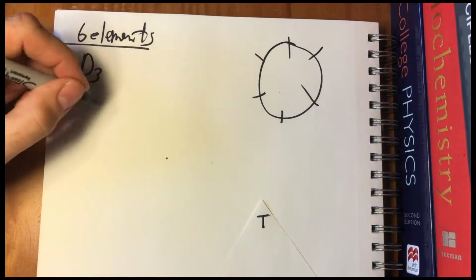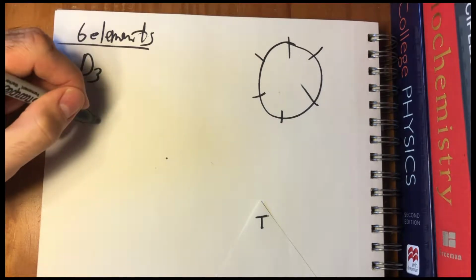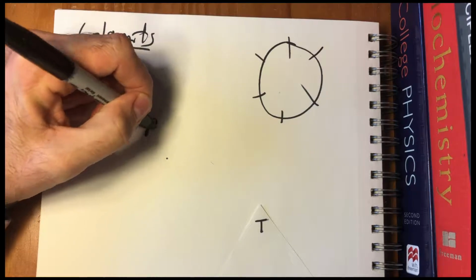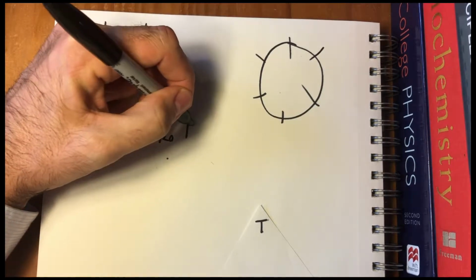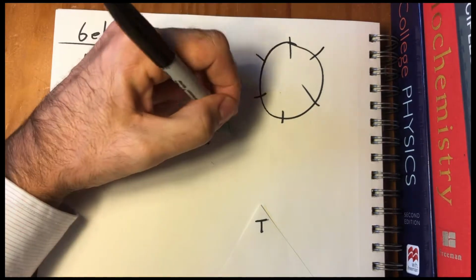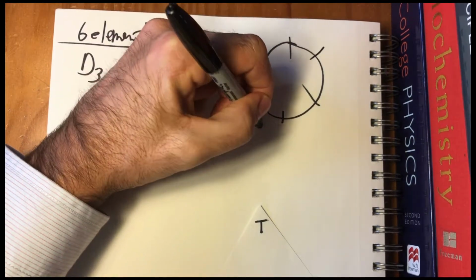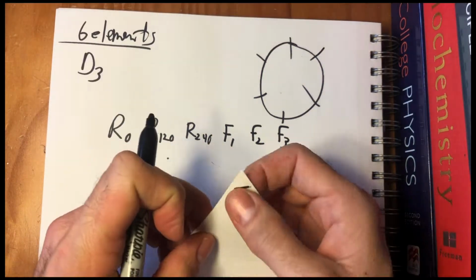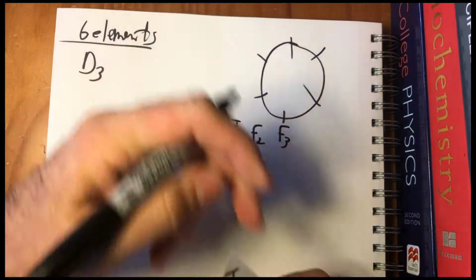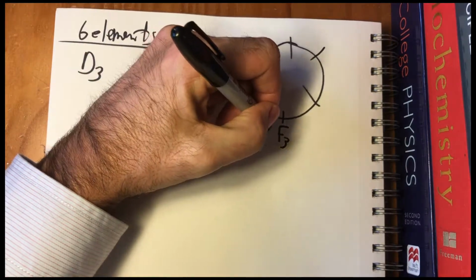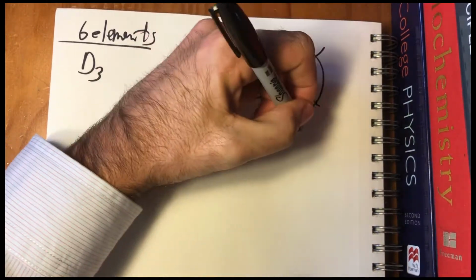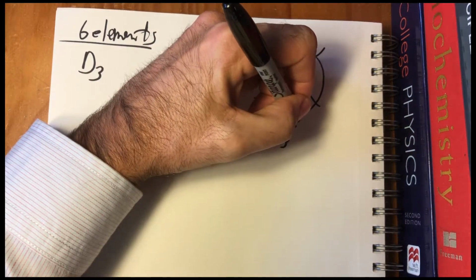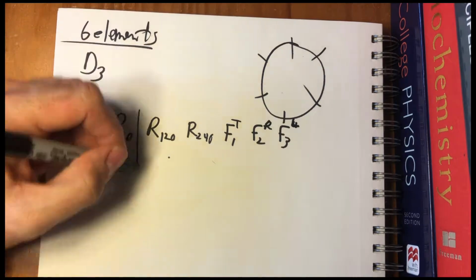So we'll make the table. We have a rotation of 0, rotation of 120, rotation of 240, and then 3 flips. Flip 1, 2, and I'll just label them. The flip around the T is F1. The flip around the R is F2. And the flip around the L is F3.